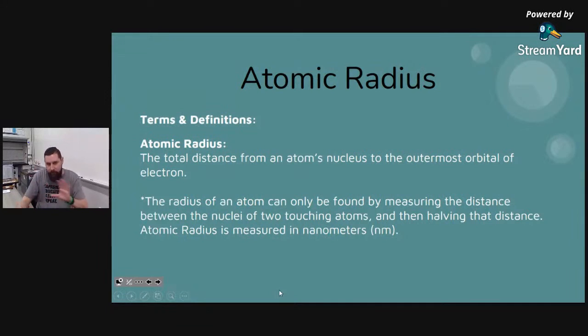You will see charts every once in a while that give atomic radius, as well as ionic radius, which is a trend we'll get to in a little bit, in picometers. But nanometers is the standard measurement that we use.